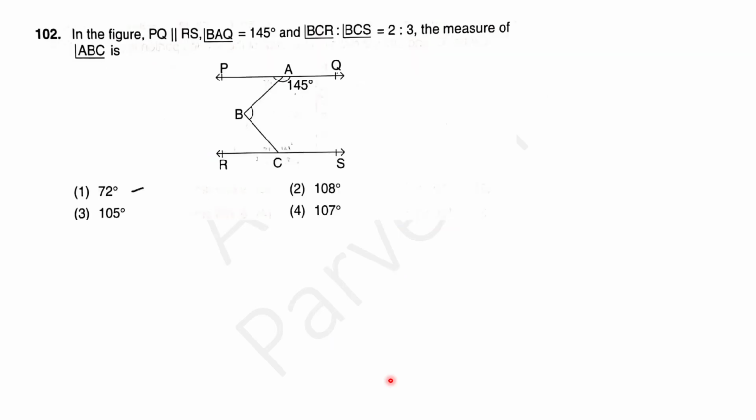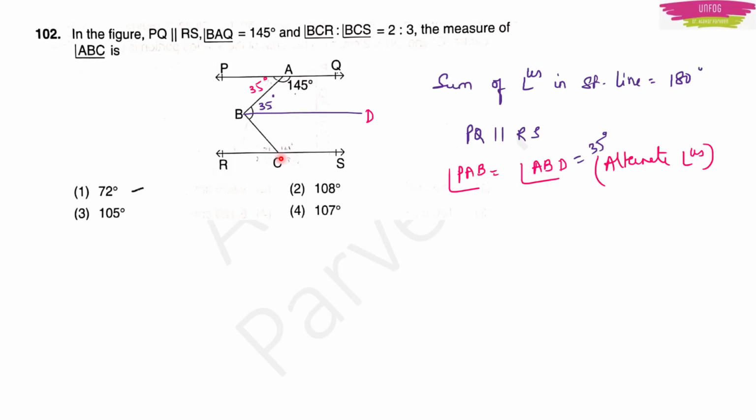Next, question number 102. In the figure, PQ is parallel to RS. Angle BAQ is 145 degrees and angle BCR to BCS is 2:3. So the measure of angle ABC is. Here, because they are telling that PQ and RS are parallel lines, you can draw another parallel line like this.